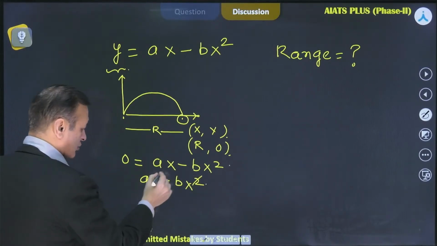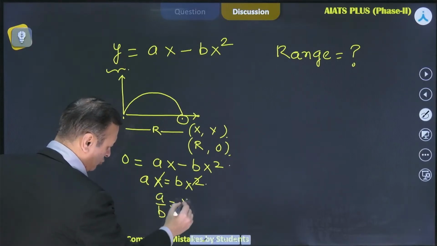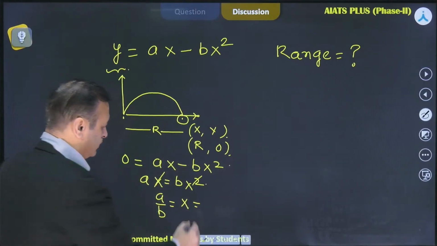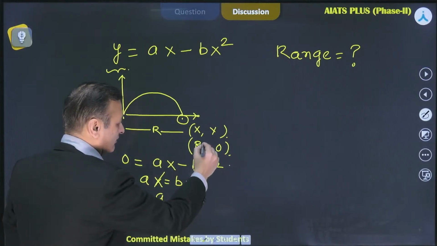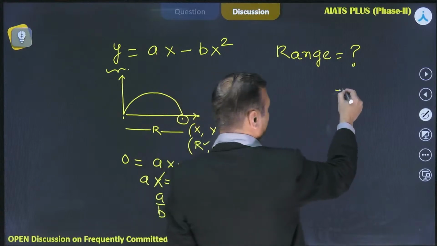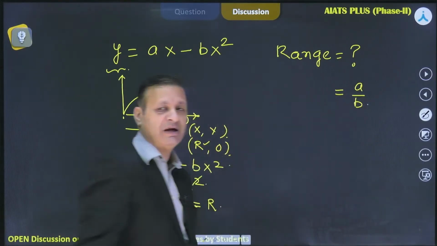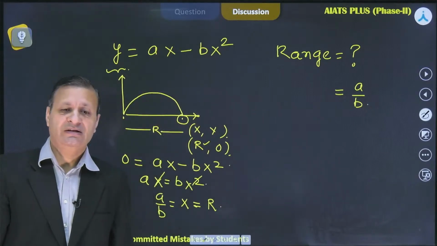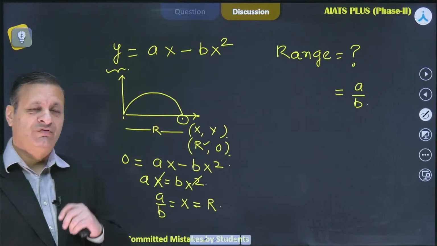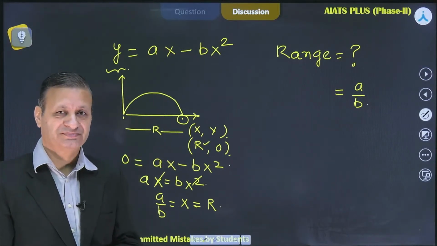So 1x goes with this x, and a by b is your x. And what does x refer to? x is basically your range. Your question was to give the value of range, and that is a by b. This is again one of the easiest formats to understand this variety of numerical.